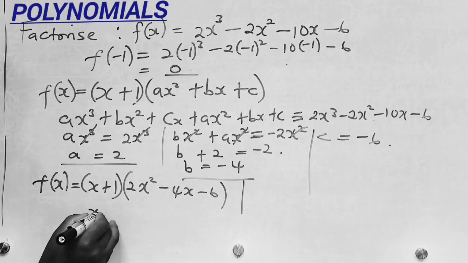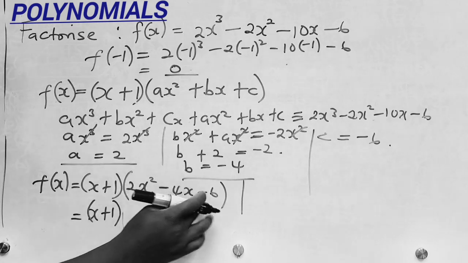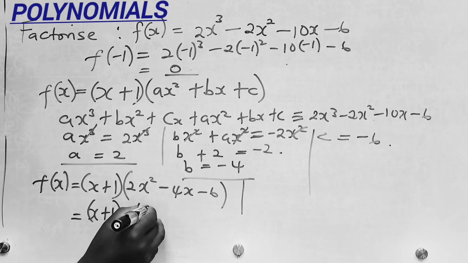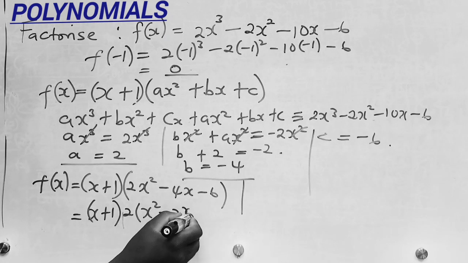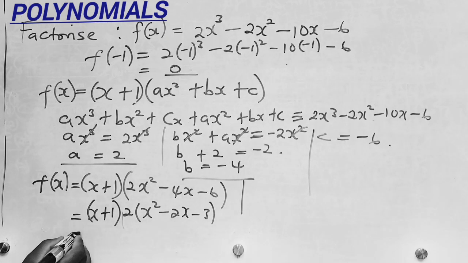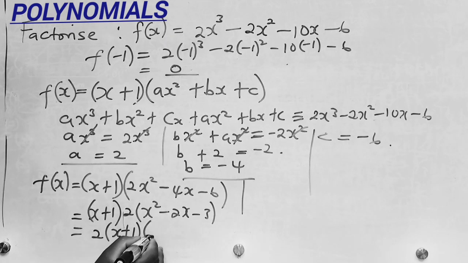So x plus 1, then we open where we factor out a 2. We'll be left with x squared minus 2x minus 3. So let me write 2 here. So this will be 2 times x plus 1.